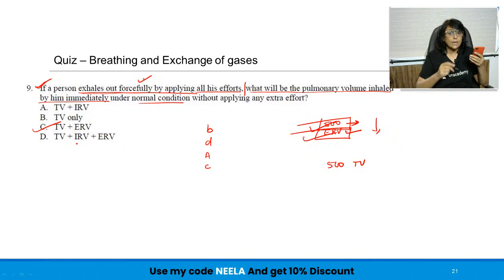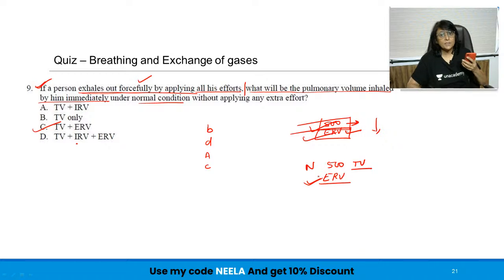Then you are exhaling forcefully after that. If you exhale forcefully, there is some reserve air in your lungs, which is called expiratory reserve volume. So tidal volume has also gone out, expiratory reserve volume has also gone out. Now after that you are inhaling normally. So when you inhale, this has to be refilled and then normal inhalation.